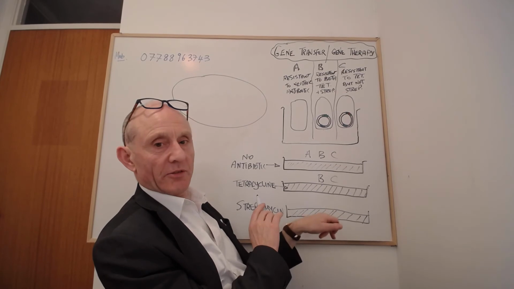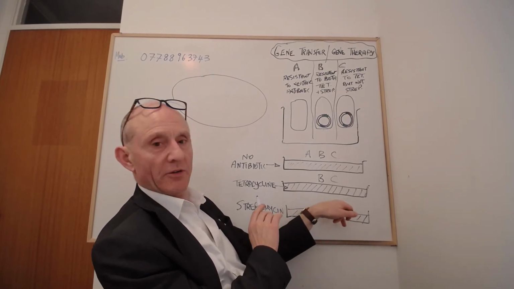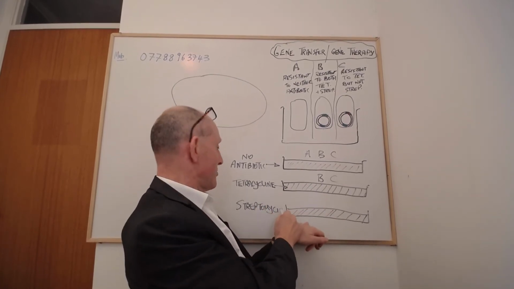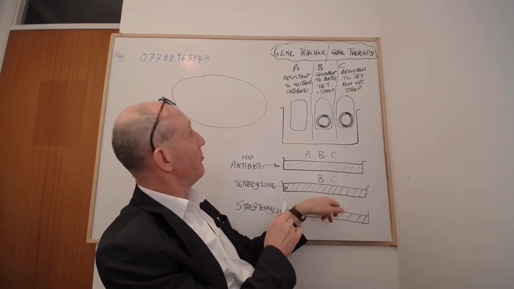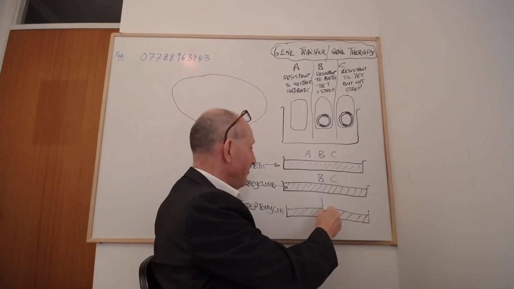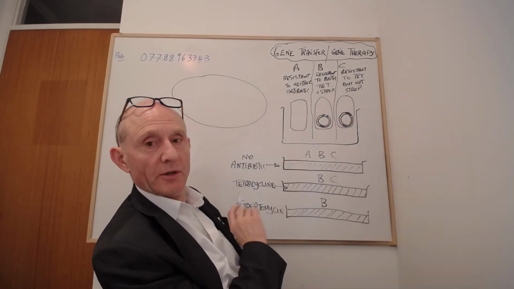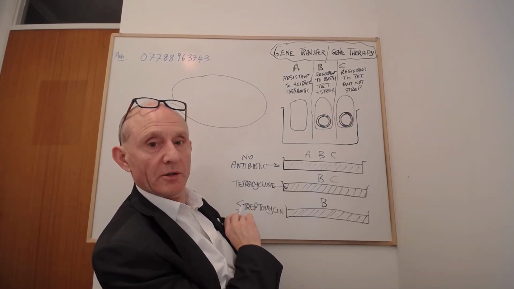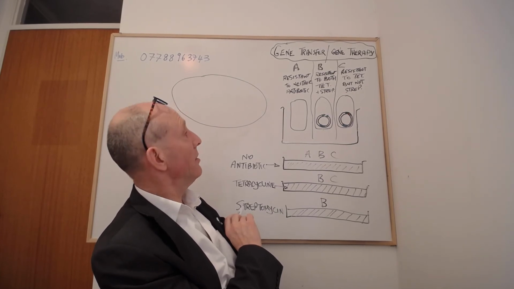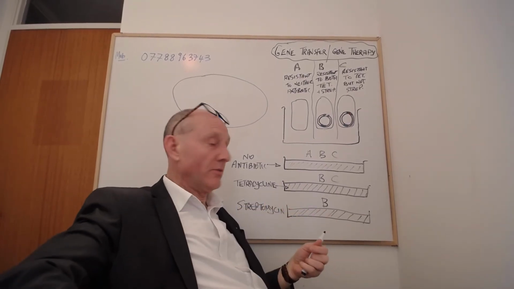We transfer B and C, and the question is, which of B or C would grow in a dish that contains streptomycin? Well, B will definitely grow here, because B's got both genes, so it'll grow in this third dish, because it's got resistance to both these antibiotics.